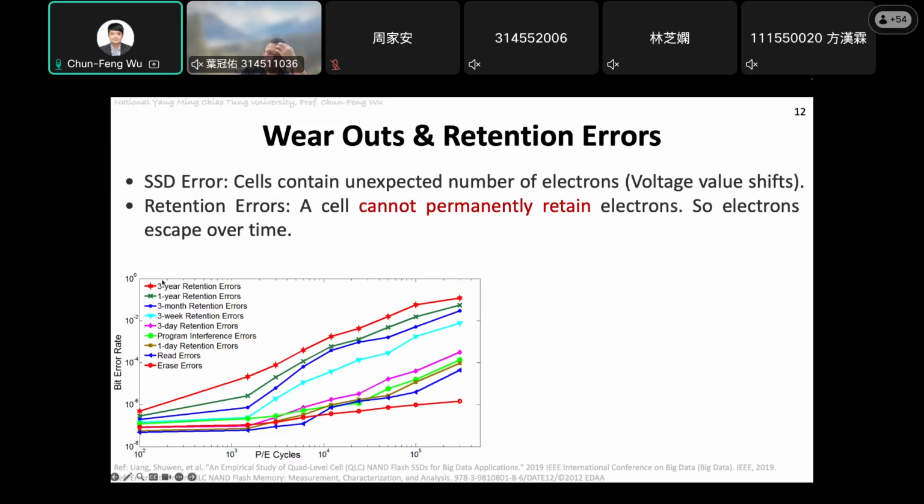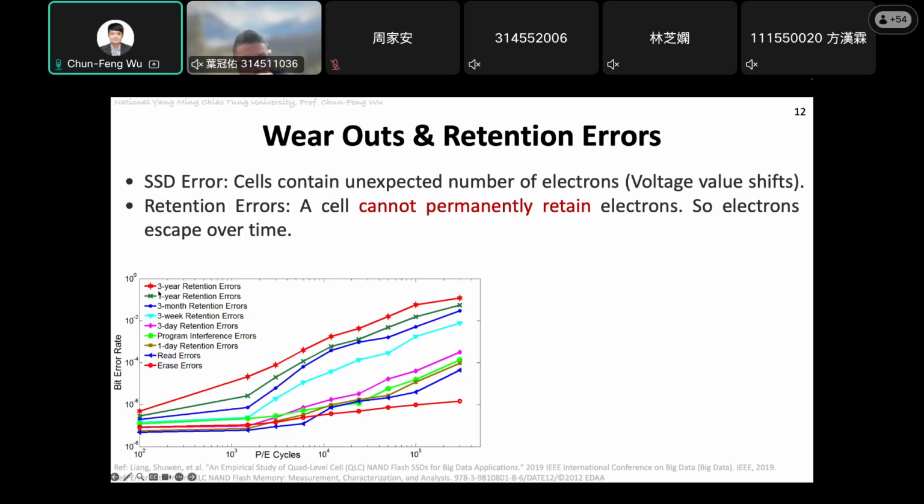Okay. And those different colors of lines mean in what durations the SSD will pass the retention errors. The brown line here means 1 day retention errors. Then here are 3 day, 3 week, 3 month, 1 year, and 3 year.